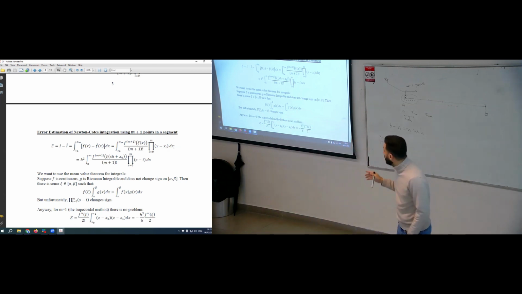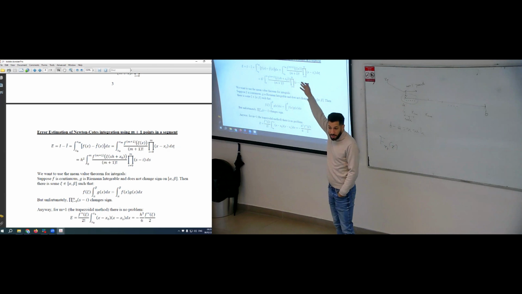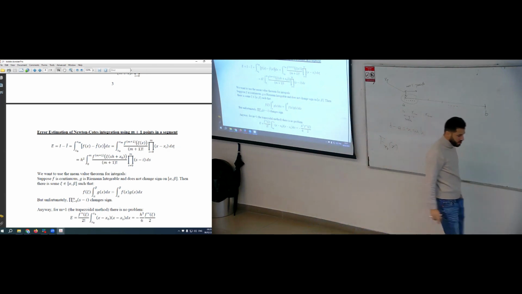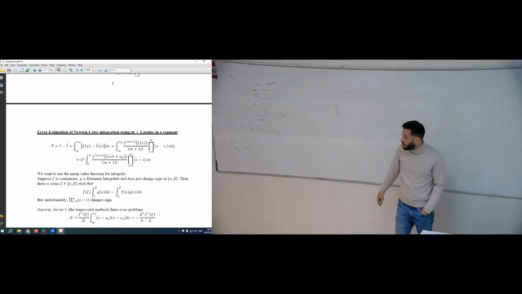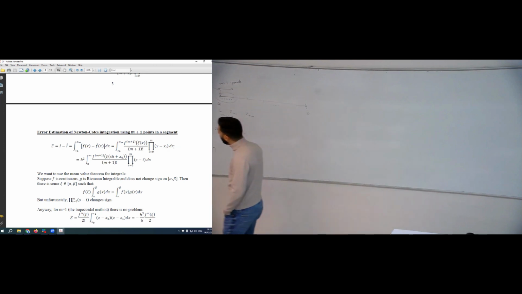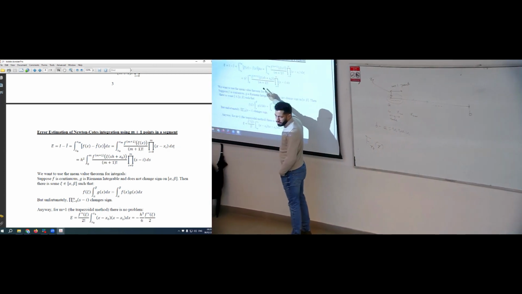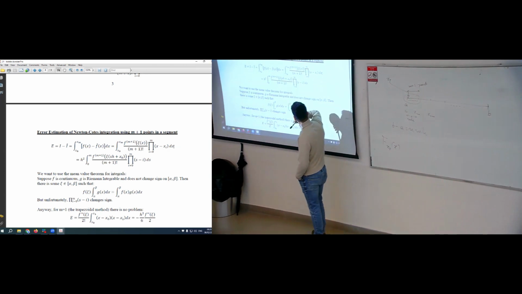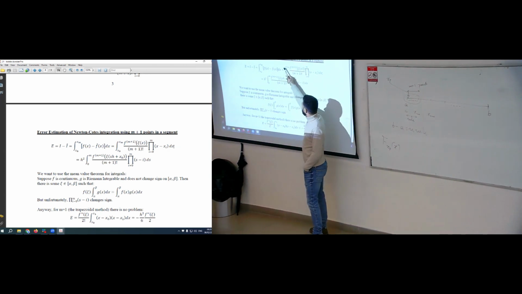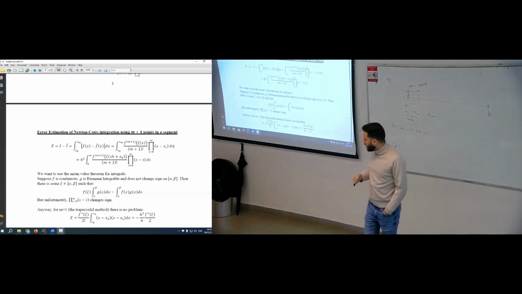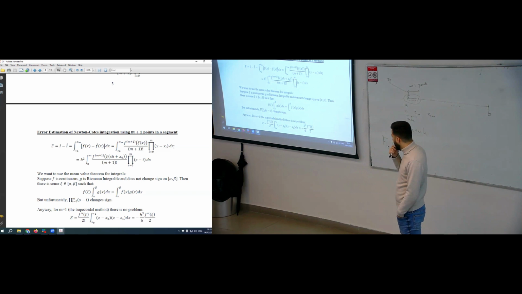It's not some single psi. At each x, I have another psi. So it's psi of x, and we can prove that it's continuous. Now we want to use the mean value theorem for integrals.